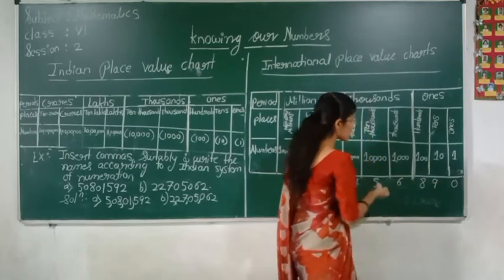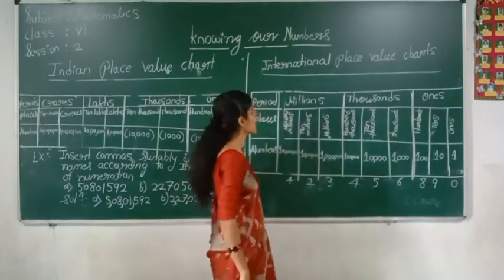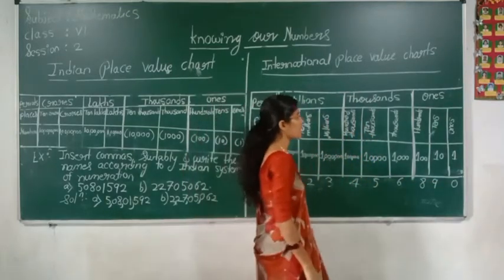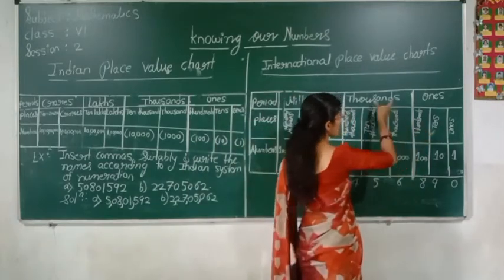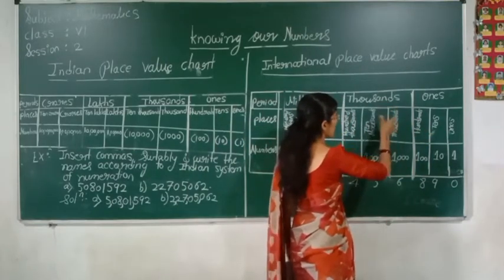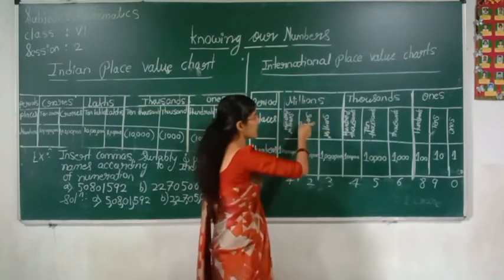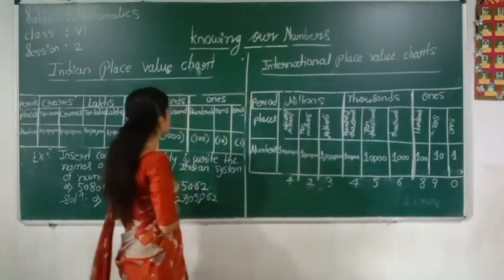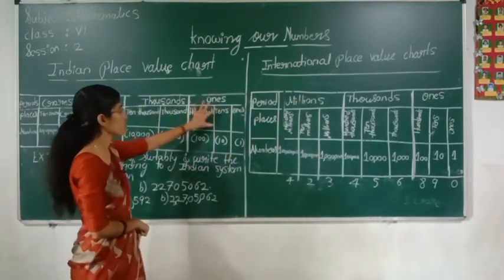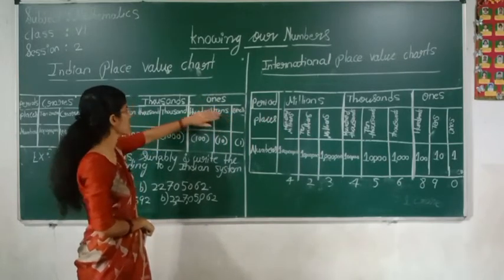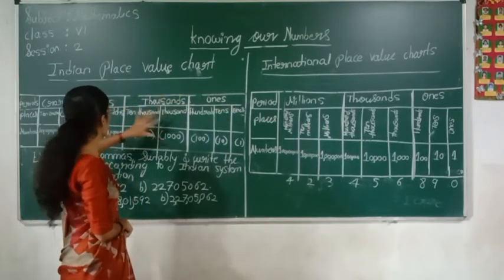After 3 digits we have to give, because here in the ones period there are 3 places, in the thousands period there are 3 places, in the millions period there are 3 places. But in our Indian place value chart, in ones there were 3 places, again in thousands 2.